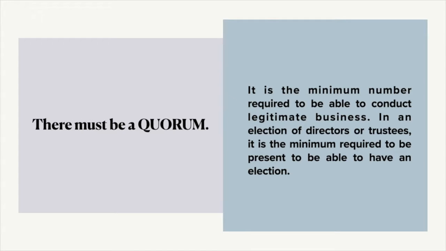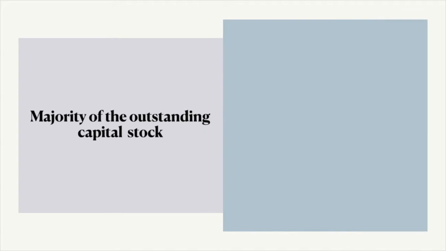In an election of directors or trustees, it is the minimum required to be present, to be able to have an election. So, what is the quorum required in a stock corporation? According to Section 23 of your Revised Corporation Code, it is a majority of the outstanding capital stock.